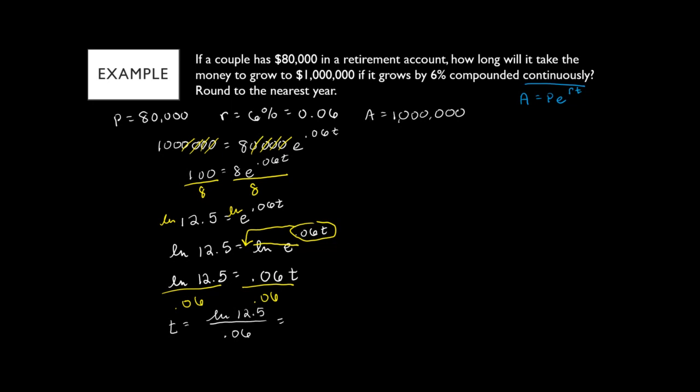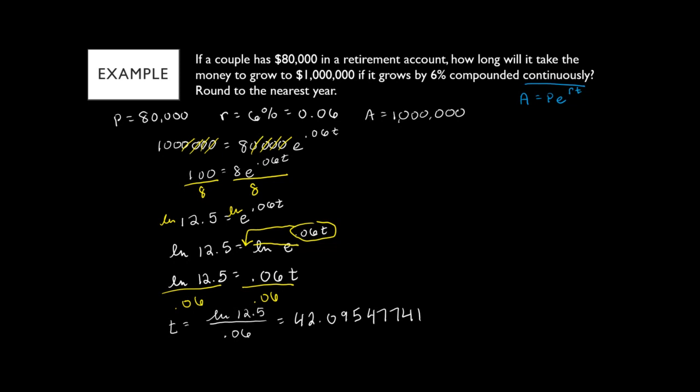I usually try to do it all in my calculator at once. So in my calculator, I can do the natural log of 12.5 in parentheses, then divide by 0.06. I'm going to write out all of my decimal places here, because I want to make sure we round correctly. Now, before I do the rounding, I have a question here.